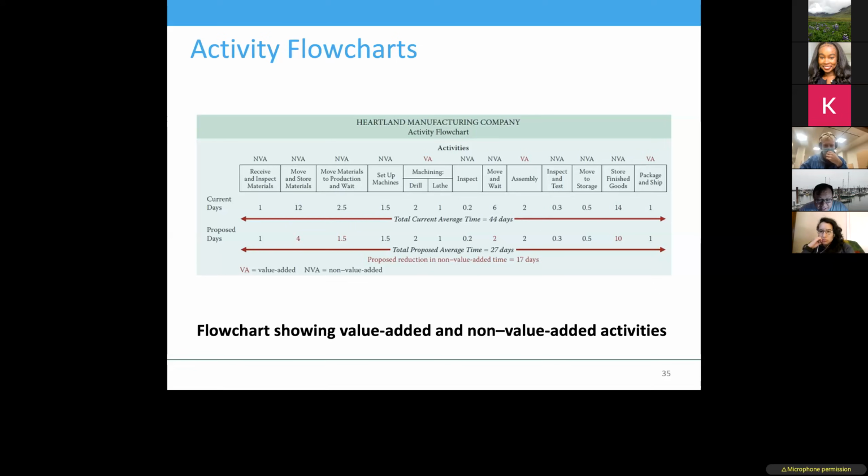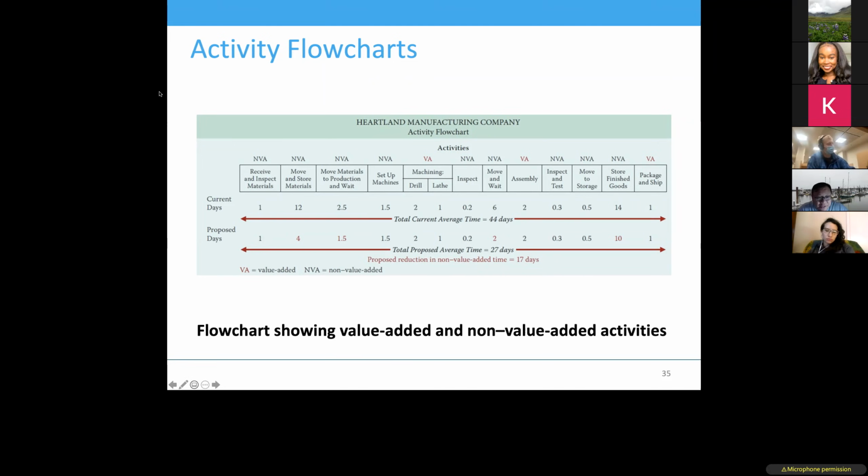It doesn't add value to the product. So for example, you receive and inspect materials. That activity doesn't add value to that product. It's important, they have to have this activity, but it doesn't add value to the product.